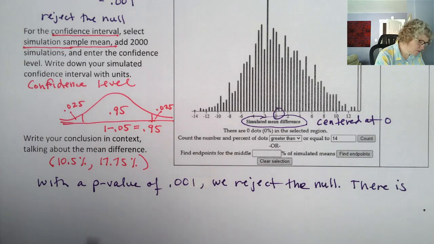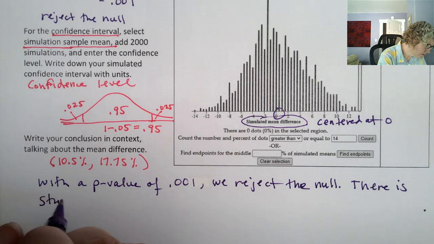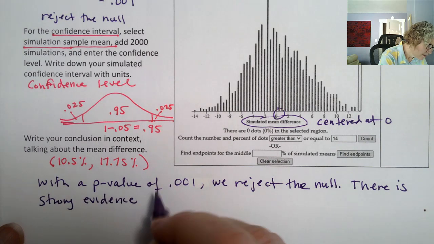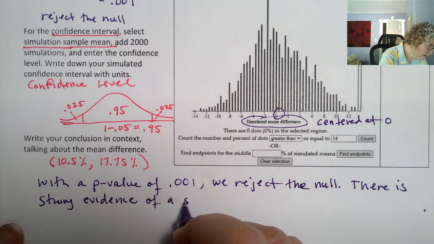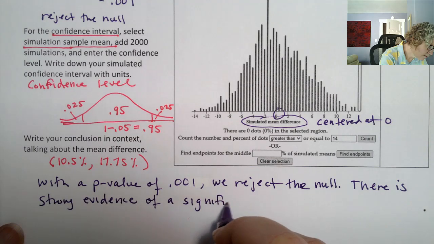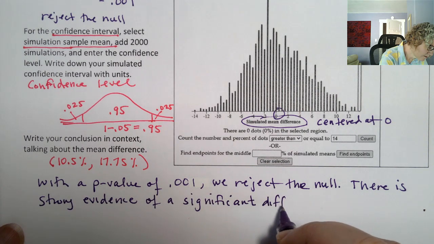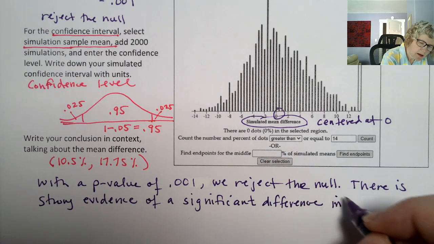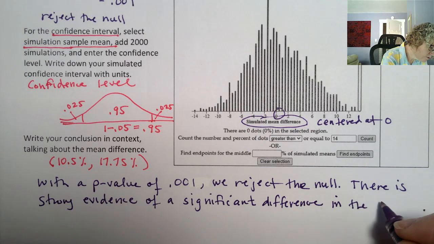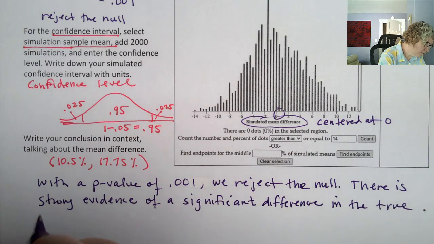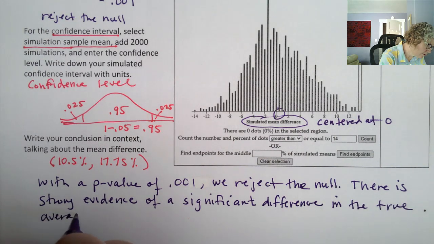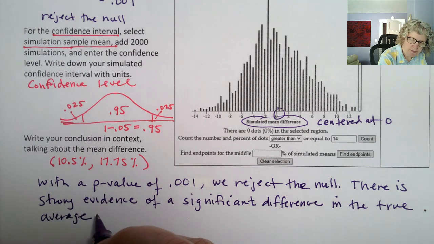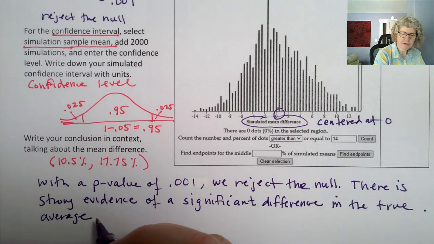There is strong evidence of a significant difference in the true average. We're using the word difference twice, right?